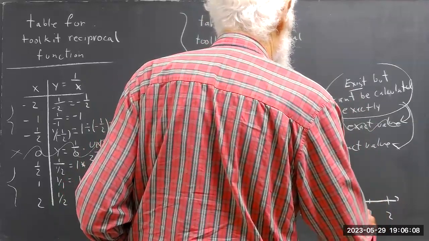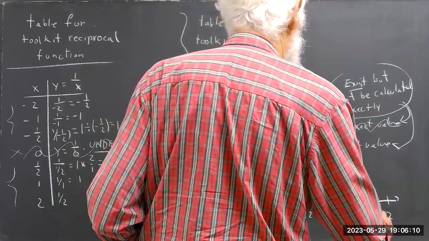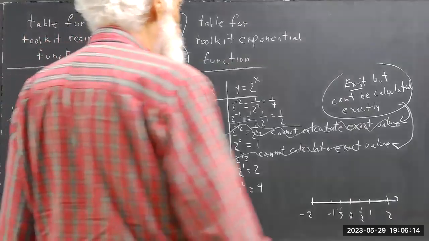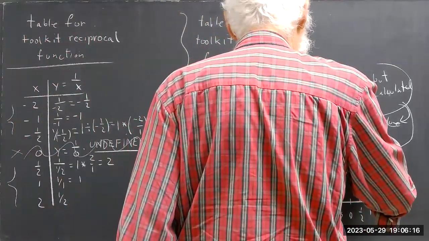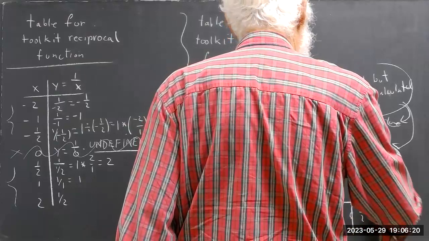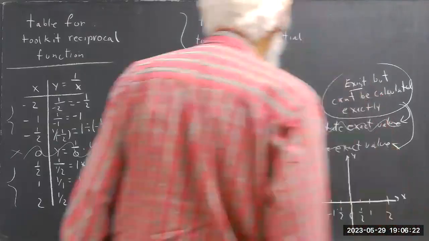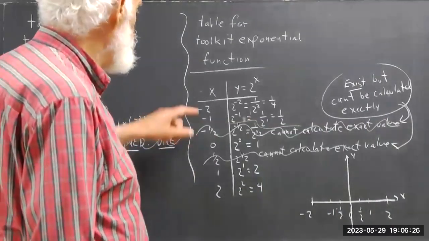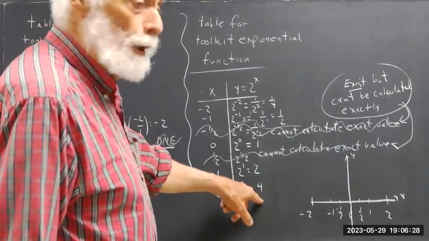Split this and get -1/2. Split this and get 1/2. And right there's your x-axis. Then you can draw a y-axis here. And scale it accordingly. So for example, when x is 2, y is 4.